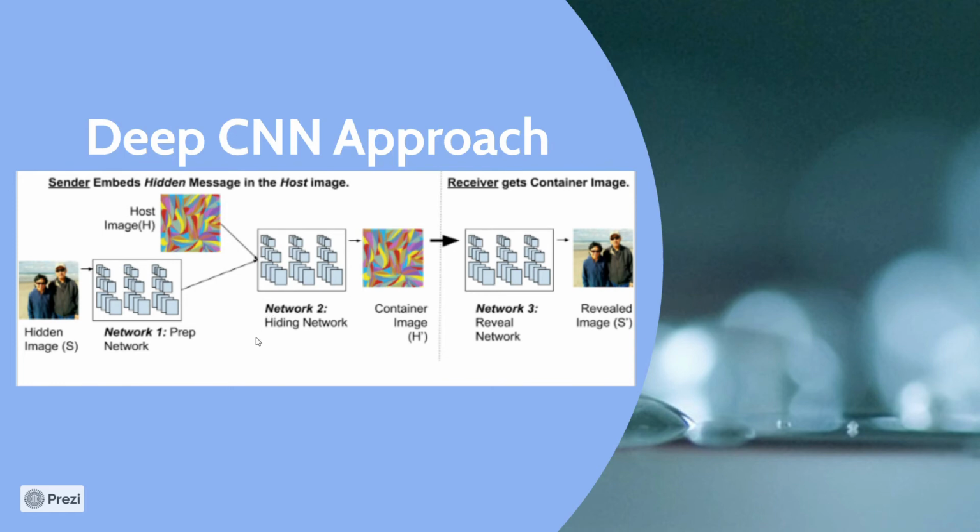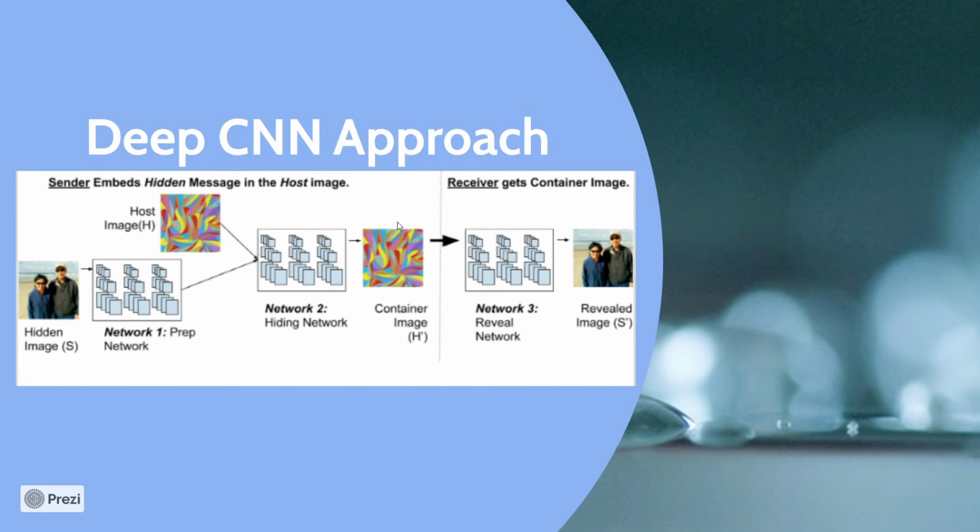Network 2, the hiding network, concatenates the host image and all the features extracted by the prep net, and then hides all those extracted features inside the host image to form the container image. So this is the first part of the project, that is hiding the image.